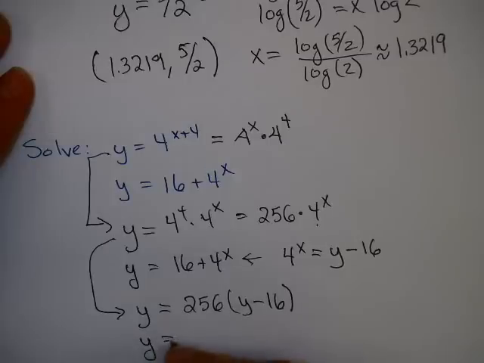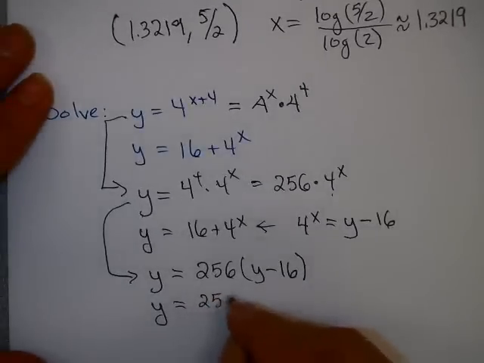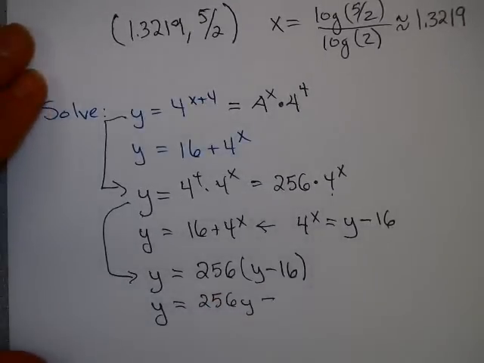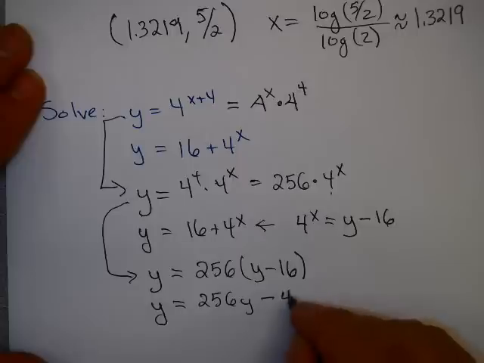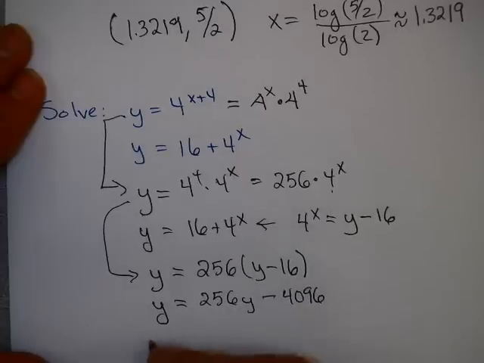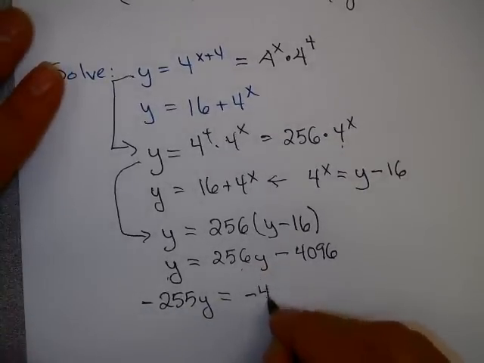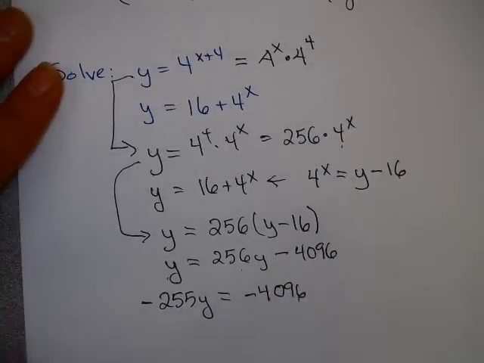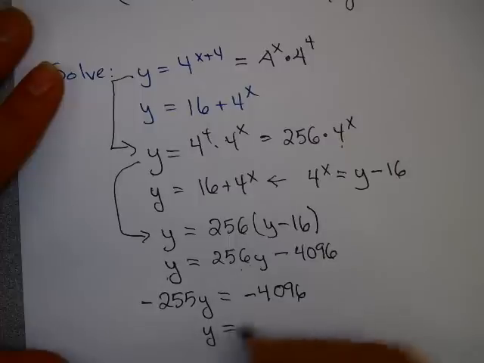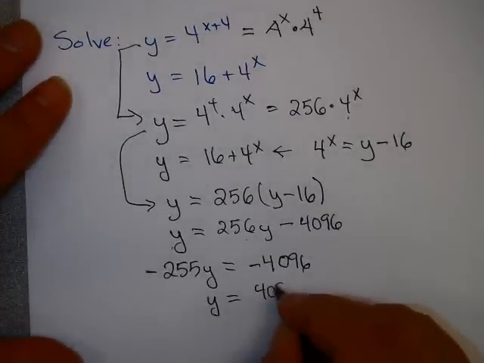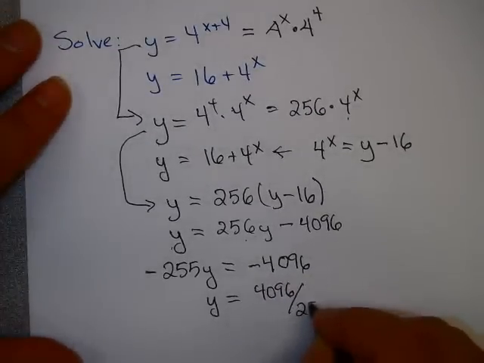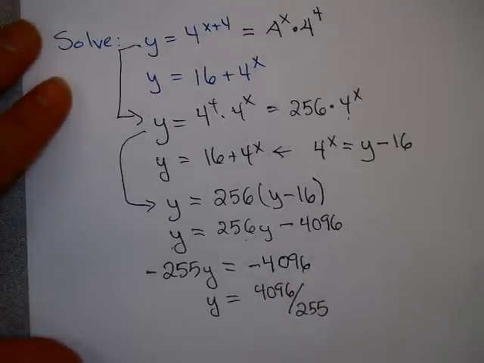That ends up y equals 256y minus 16 times 256. That answer is 4,096. Simplifying this, that's 255y by subtracting 256y from each side. That leaves me with negative 4,096. So my final answer is this, 4,096 divided by 255.